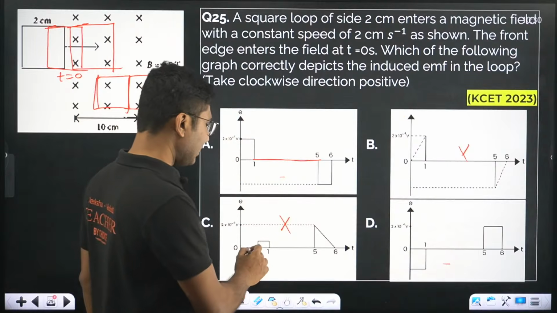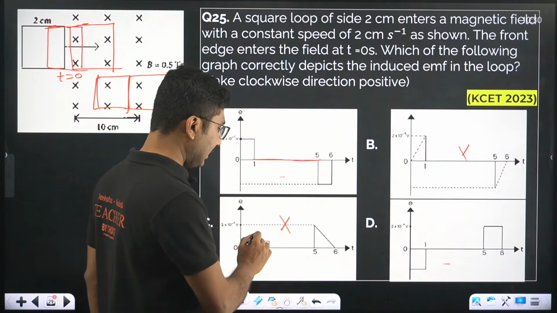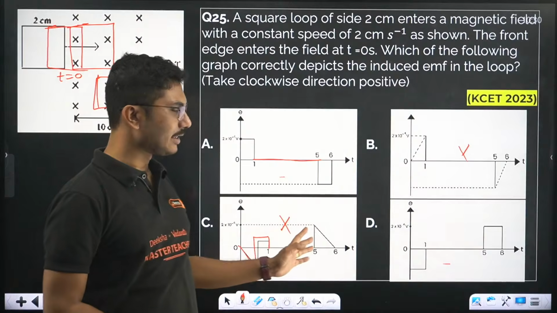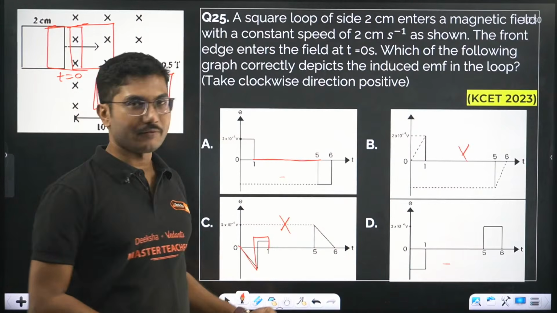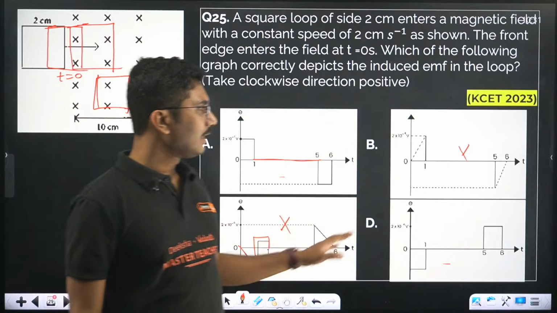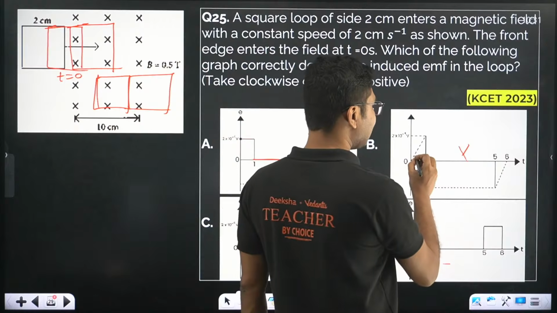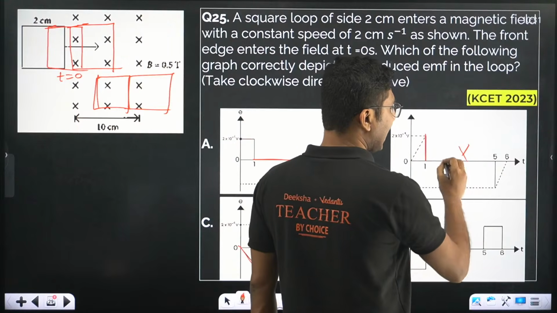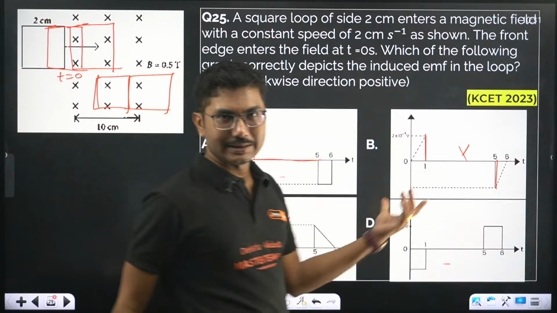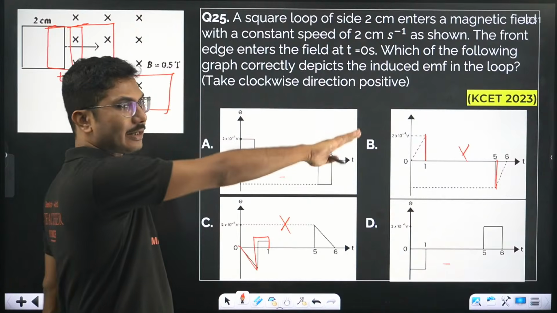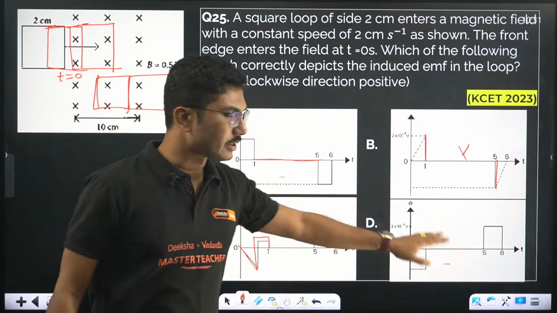This is not correct, because it is increasing, then suddenly it is going in the opposite direction. So this is incorrect. Here nothing is given, suddenly one line appears and then one line appears. Again this is incorrect. So these two are incorrect options. Either this is correct or this is correct.